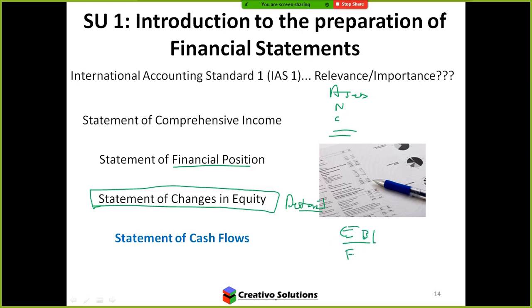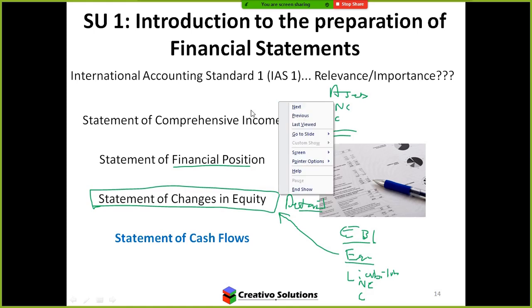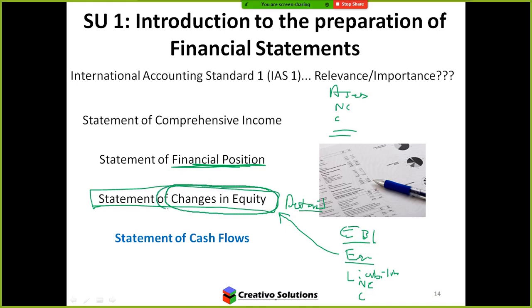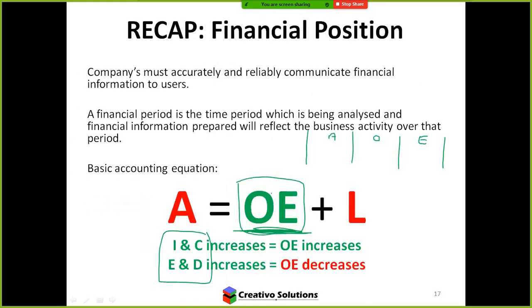Equity here is summarized; the detail is in that statement. The liabilities are detailed because you'll have non-current and current. You're 100% correct. You are going to see the equity in the statement of financial position, but it's not the focus. The focus is in this statement. I get what you're saying. Nice questions.